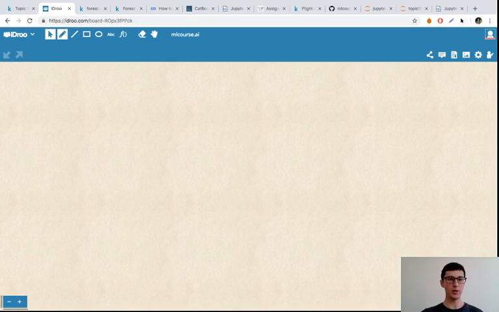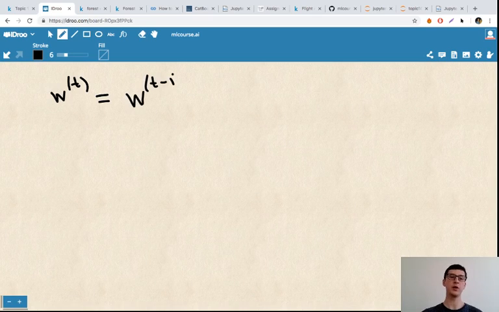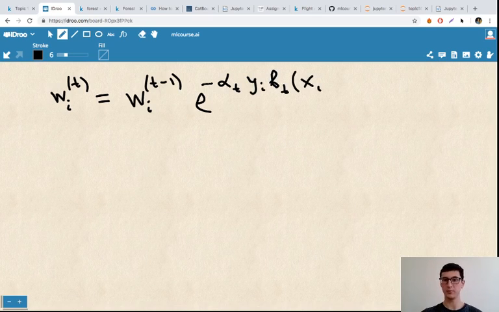So we'll be updating our weights at iteration t. We'll be calculating sample weights through their values at iteration t minus 1, the previous value, and then we multiply by e to the minus alpha t. It's the strength of the current learner at this iteration t. And then for instance number i, we multiply it by y i and the answer of our algorithm b t for this instance x i.